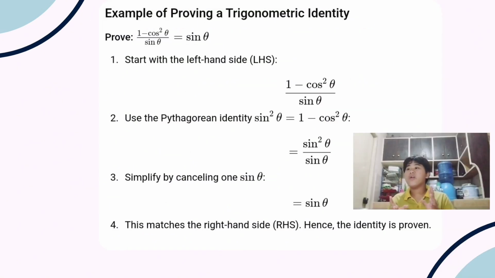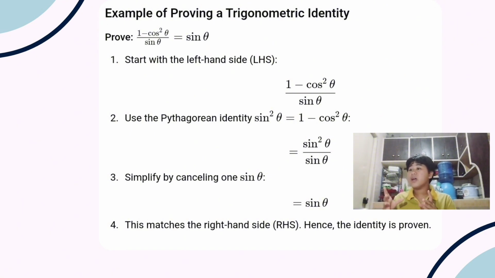So, prove that 1 minus cosine squared theta over sine theta equals sine theta. We will start at the left hand side since it is more complex than the right side. Again, we use the Pythagorean identity: sine squared theta is equal to 1 minus cosine squared theta. So it will now be sine squared theta over sine theta.